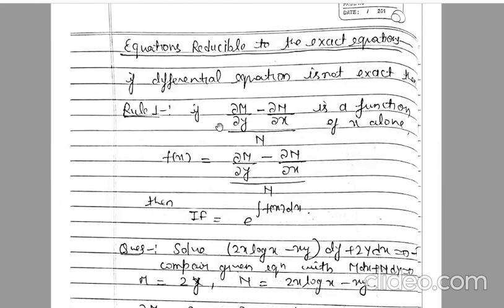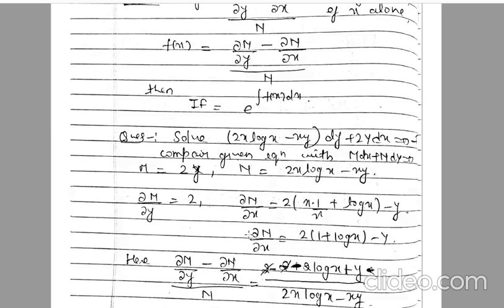The first rule is: if (del M upon del y minus del N upon del x) whole upon N is a function of x alone, and we call that value f(x), then our integrating factor will be e to the power integral f(x) dx. That is your integrating factor. Now there is an example, so we will understand better by the example.